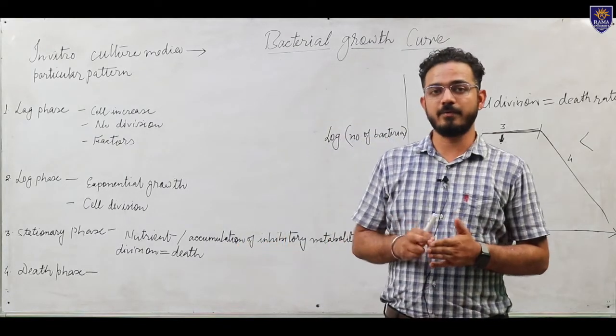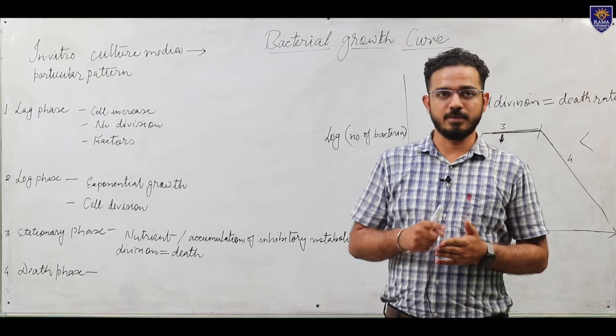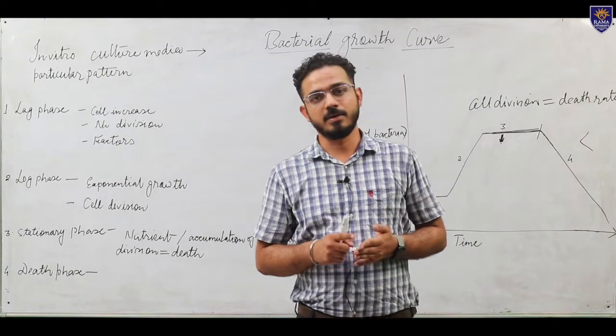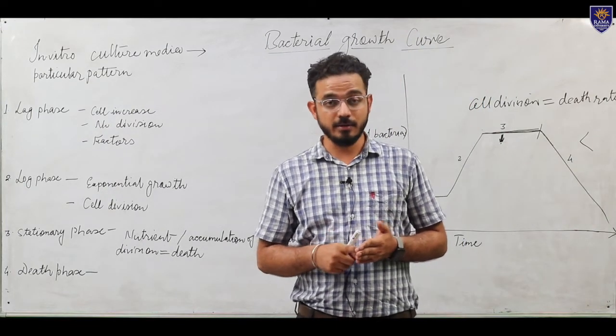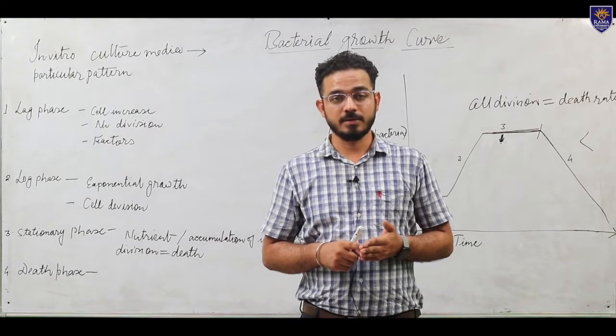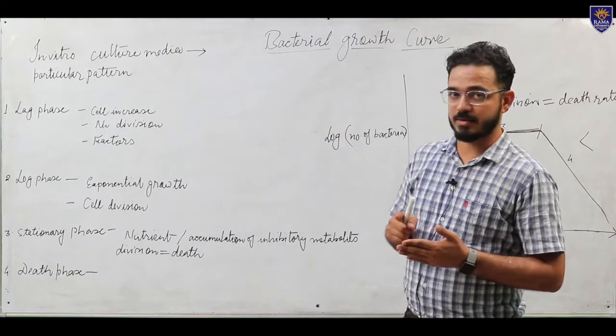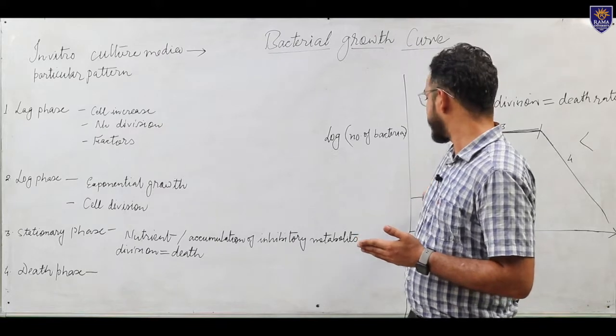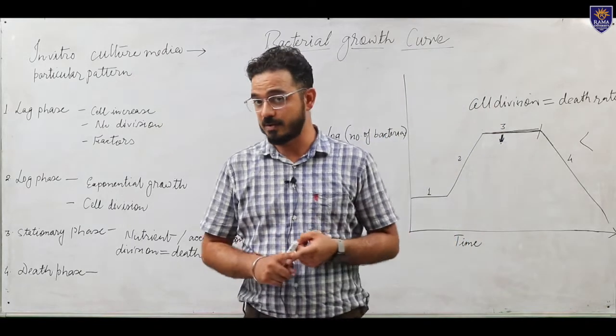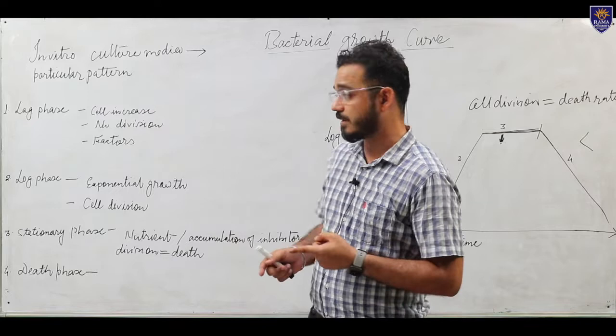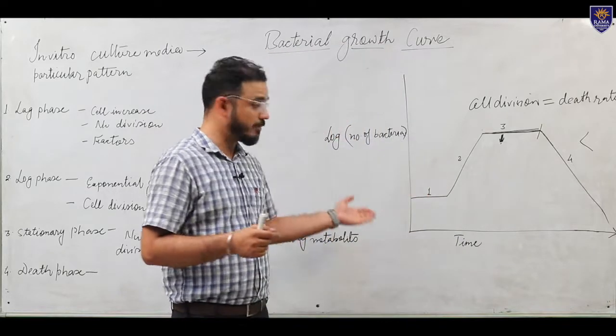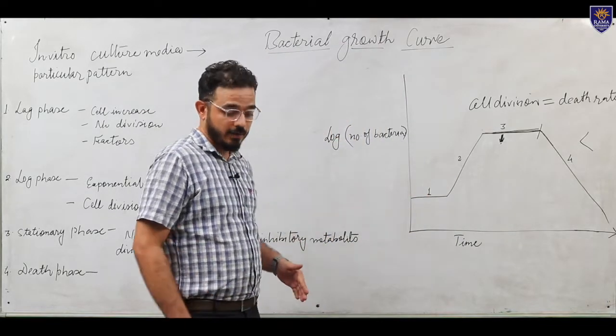Every phase is characterized by particular characteristics. In phase number 1 there is no cell division, only an increase in the size of the cell. Bacteria are adapting to the new environment.